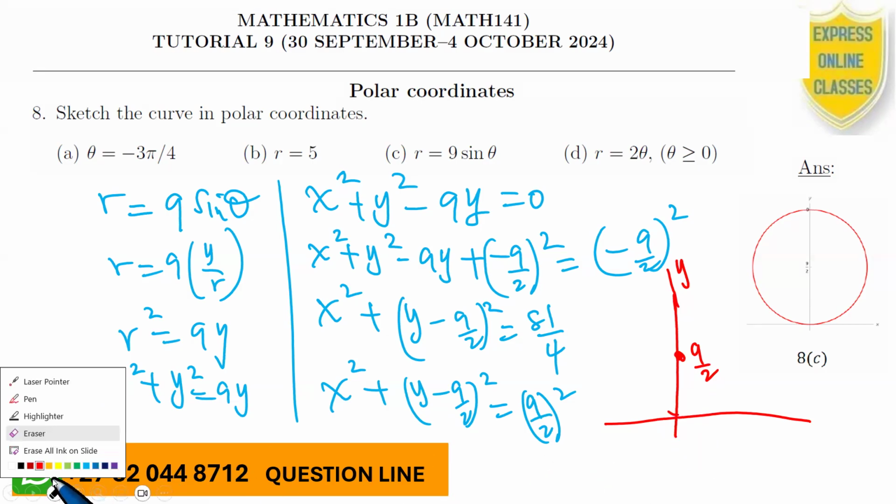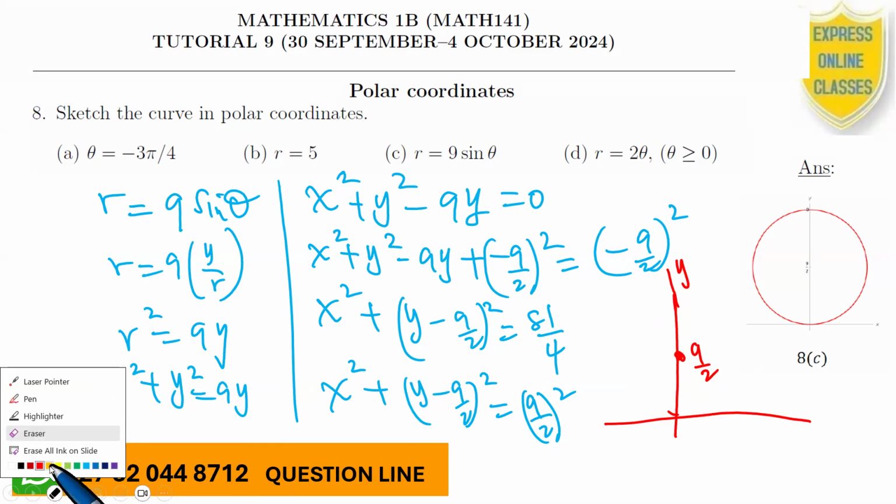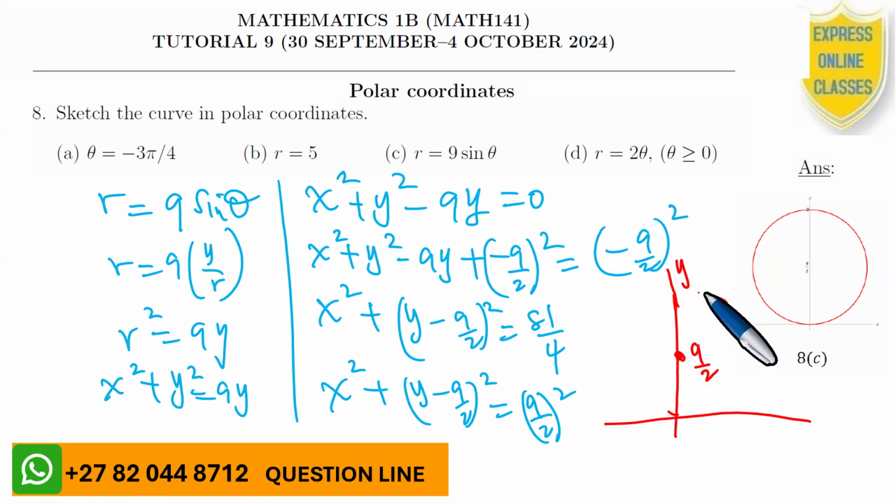So as a consequence, you have 9 over 2. That is the circle there.